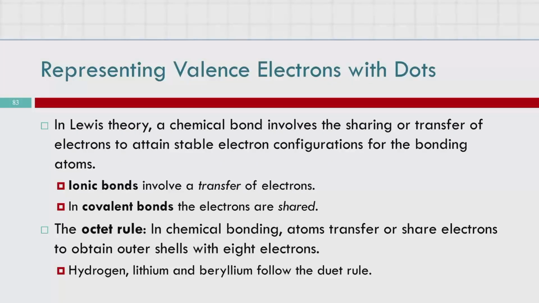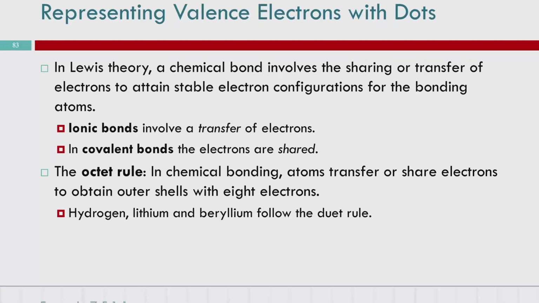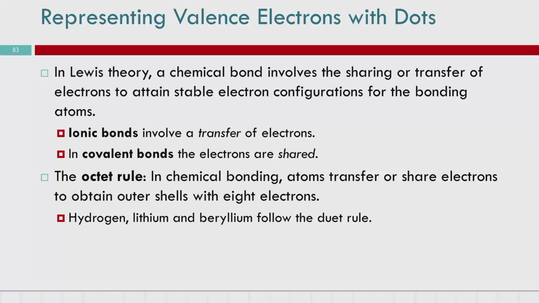We are going to use those dots, hopefully for good and not for evil. And the way that we're going to use those is to represent bonding. So in Lewis theory, a chemical bond, the thing that connects atoms together, involves the sharing or transfer of electrons. You can do either. We're going to mostly focus on sharing, but we will talk about transfer. And the goal is stable electron configurations.